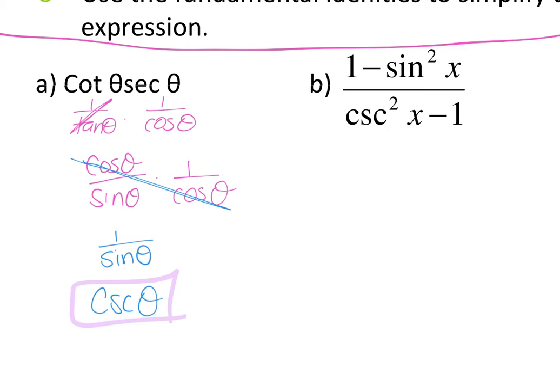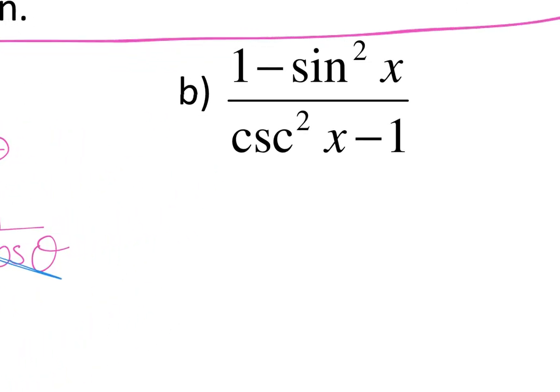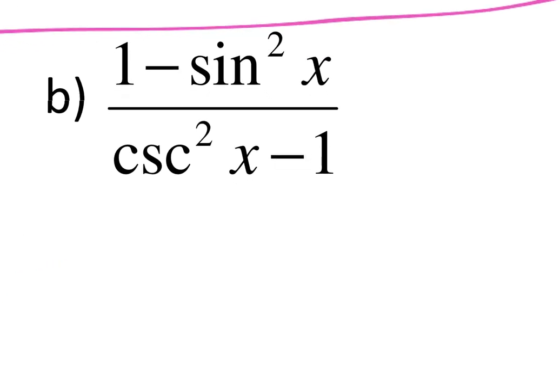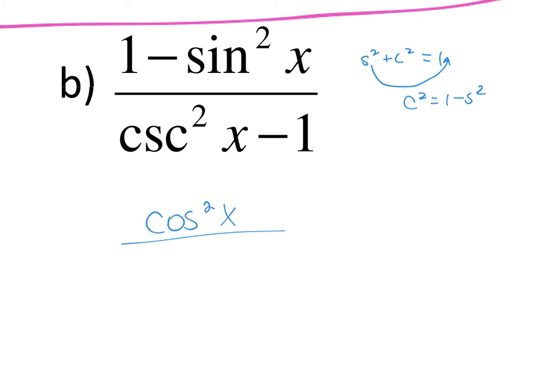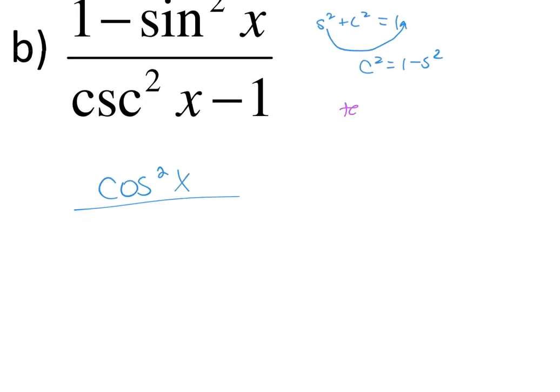All right, look at B. What can I do? 1 minus sine squared equals cosine squared, because sine squared plus cosine squared equals 1, right? So if I move sine over here, cosine squared equals 1 minus sine squared. So cosine squared can go on the top. And for the bottom, what's the expression? tan squared plus 1 equals secant squared.